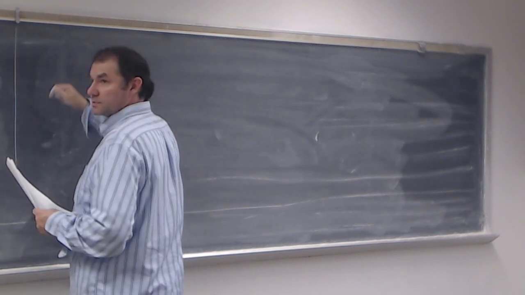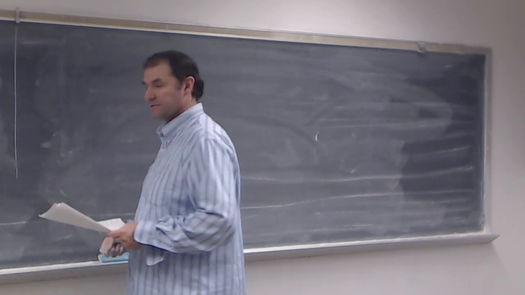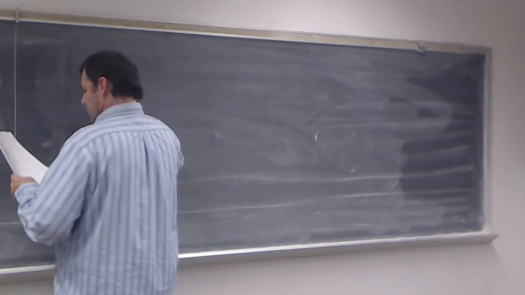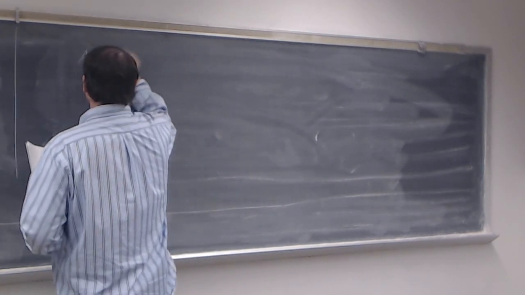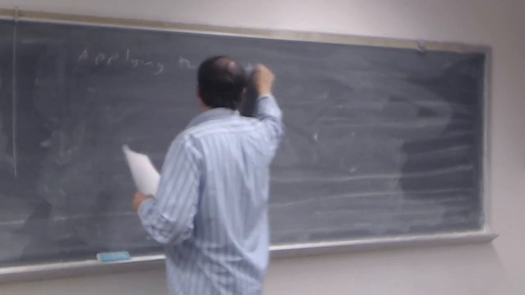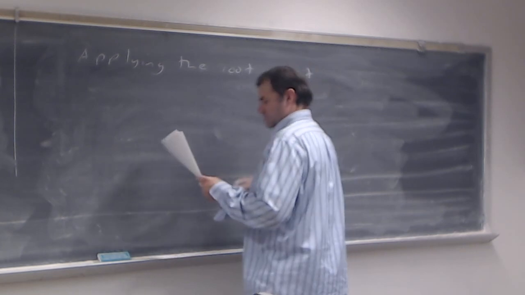So what we want to do to solve the question about convergence or divergence of this series is we're going to use the root test. So applying the root test, it's a very simple application here.